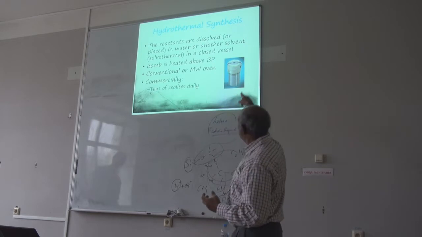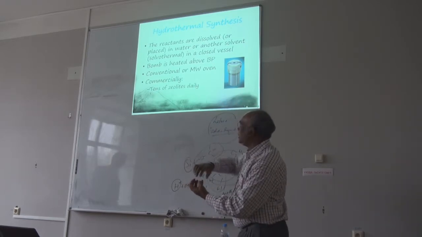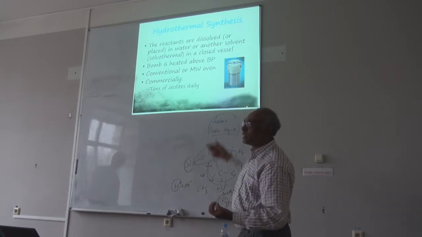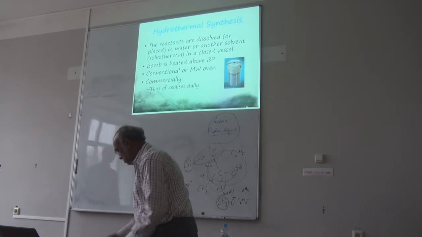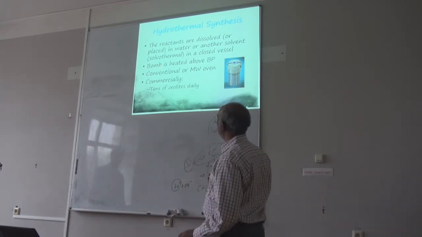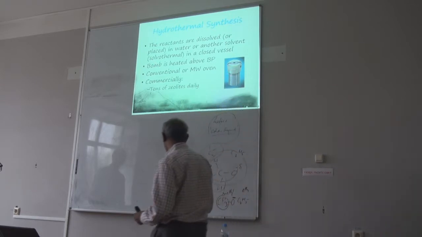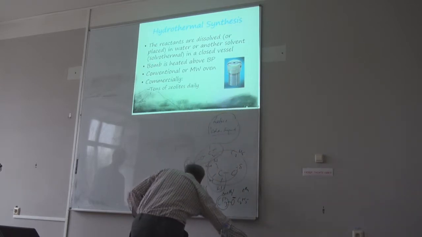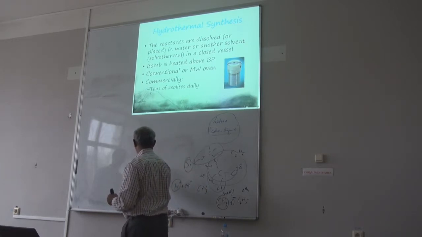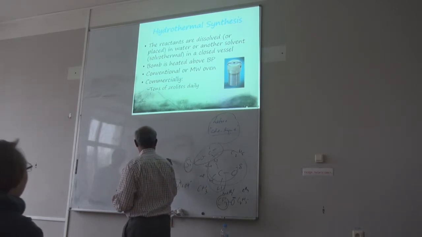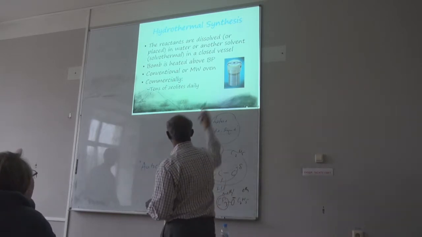This is typically a stainless steel container. You can open it and fill it; sometimes we call it a bomb because it's high pressure, right? So you heat it to high temperature. Typically we call it an autoclave.